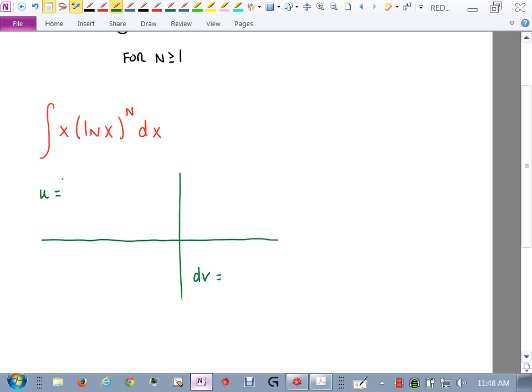It could possibly be done, but it doesn't look like something I want to do. So maybe we switch it up. Maybe we make the u the natural log of x to the nth power, and then we make the dv the x. Try it, see what happens.